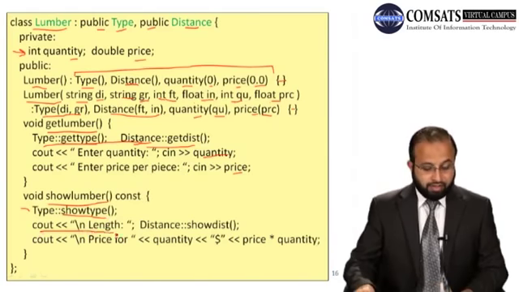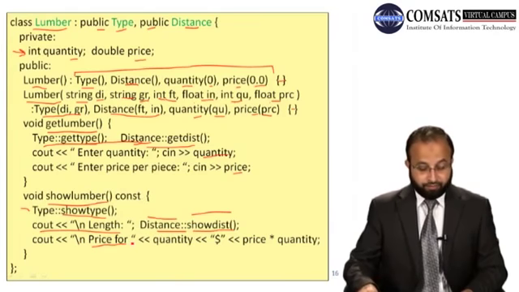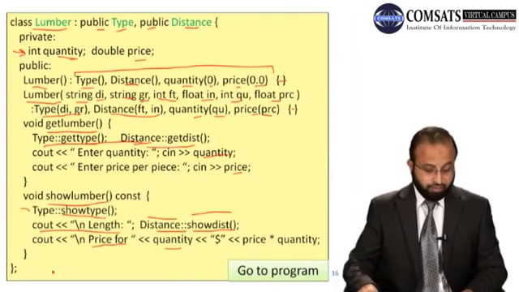And then it displays the message length, and then we call the show dist function of the distance class using a scope resolution operator. Now it knows that the show dist function जो है वो distance class में मौजूद है. And then we display the price for quantity. So quantity को display कर दिया आपने, and then price is equal to price multiplied by quantity, right? Now let's go to the program and see how it will execute.